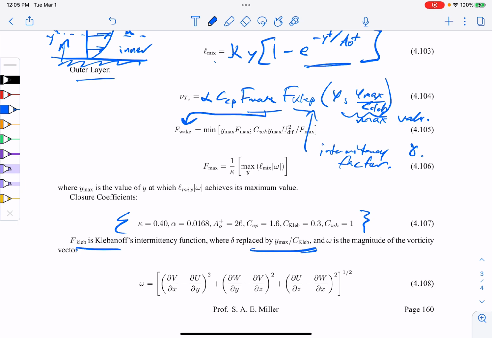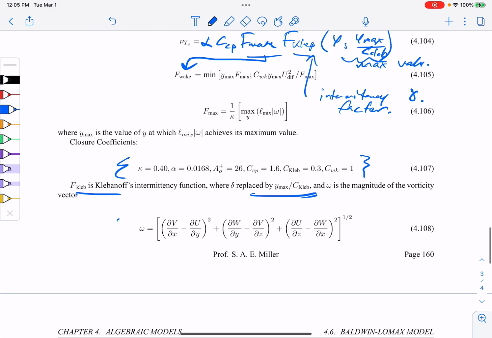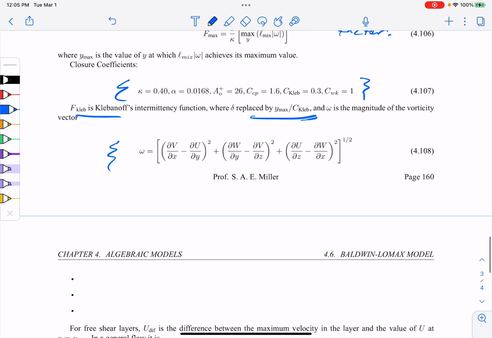We'll outline all these in the project in greater detail. Here's the definition of vorticity in three-dimensional flows, but these empirical constants were developed and calibrated for two-dimensional flows, like a turbulent boundary layer. So if you're in 2D, you would have omega equals partial v partial x minus partial u.